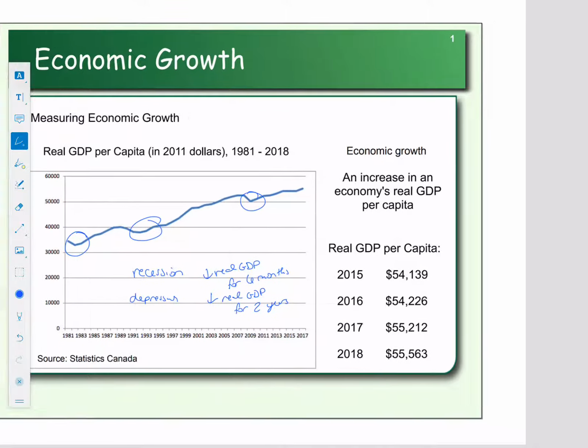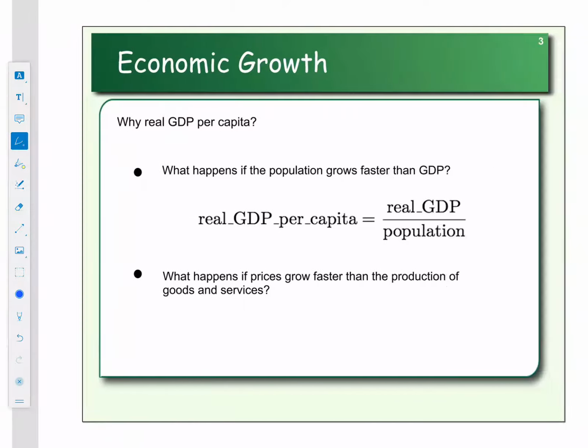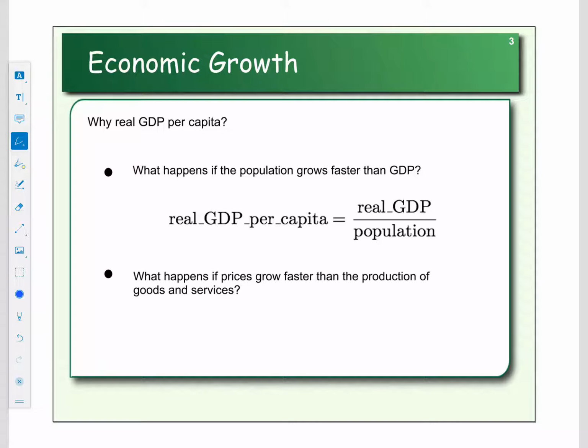All right, so let's dive into looking at that economic growth by looking at first, why do we look at it in terms of real GDP per capita? So we said real GDP is the total value of all final goods and services produced in an economy in a year. And we divide it by the number of people in the economy. Because what if your population is growing faster than the amount of goods and services that you produce?